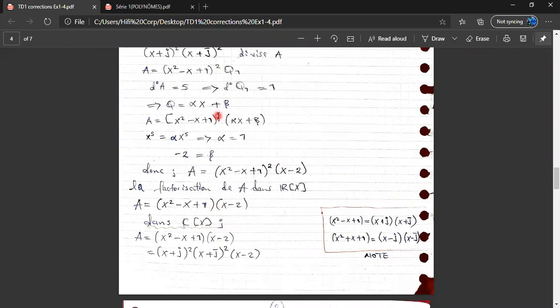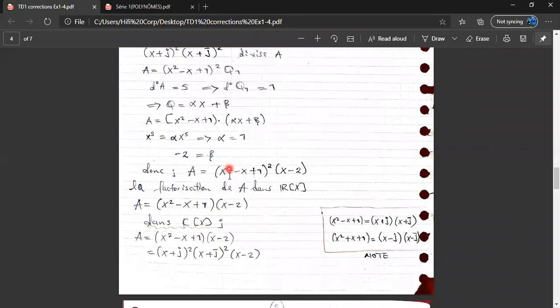And then we decompose A in C. If you find it in R, I just get this in R. In C, you know that it's supposed to be to the power 1, right? So this is already decomposed in power 1 to its simpler form in C, because it has a degree of 1. And then this polynomial has a degree of 2.